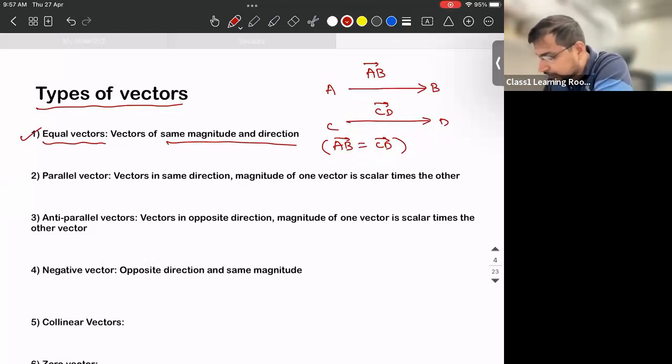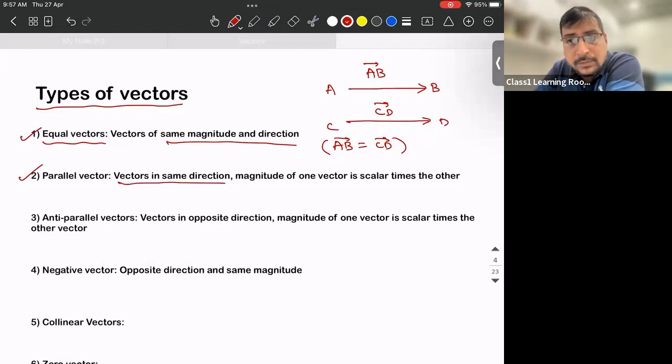Okay. Next is the set of parallel vectors, vectors in the same direction. But unlike equal vectors, here the magnitude need not be the same.